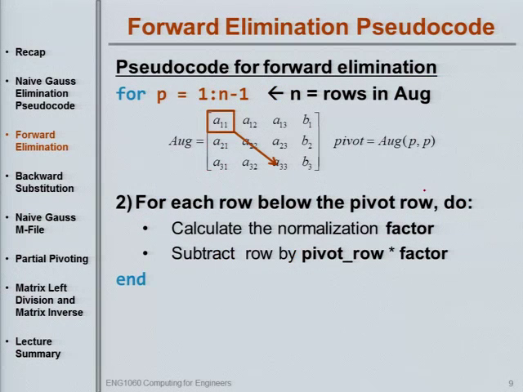Okay, so let's expand this out a little bit further from the previous slide. We're going to start at row 1. That's the first row we're going to pivot. And we're going to go all the way down to row n minus 1. Because remember, row n, we don't need to pivot because we've already got to the last point. There's nothing to do there. So our for loop is going to be for p equal to 1 to n minus 1.